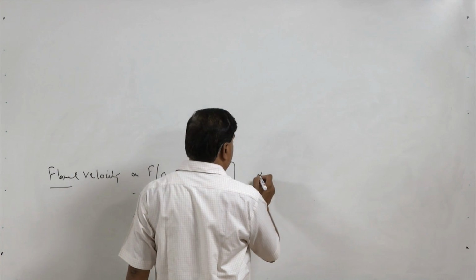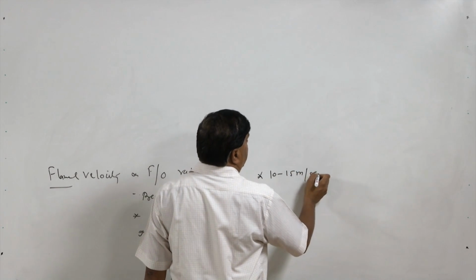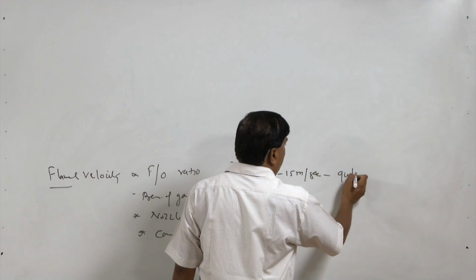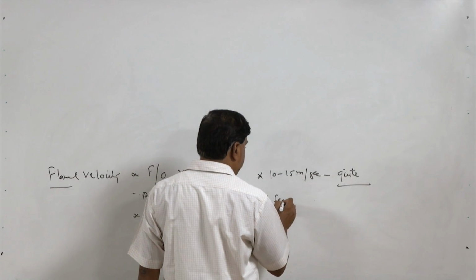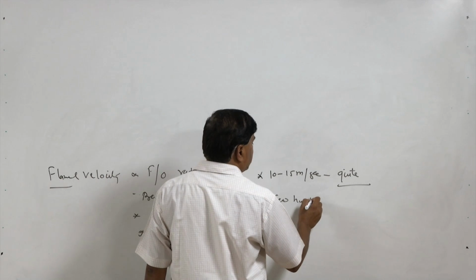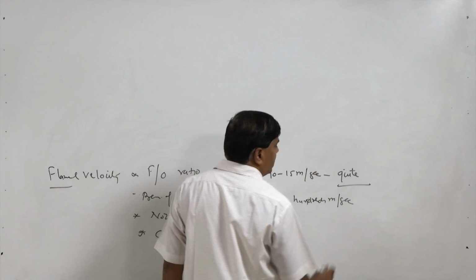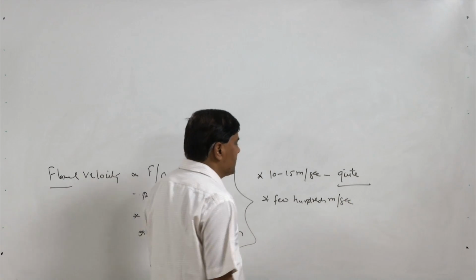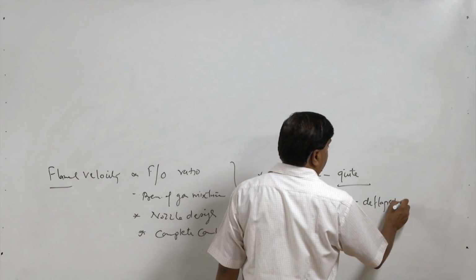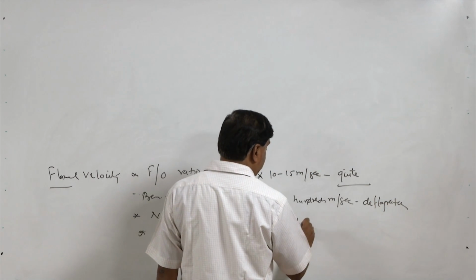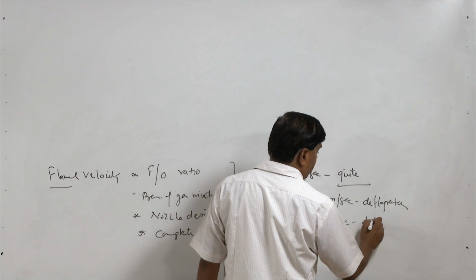When the velocity is in the range of 10 to 15 meter per second, the flame is called quiet flame. When it is a few hundred meters per second, like say 300, 400, 500 meter per second, it is called deflagration flame, and when it is greater than 1000 meter per second, the flame is called detonation.